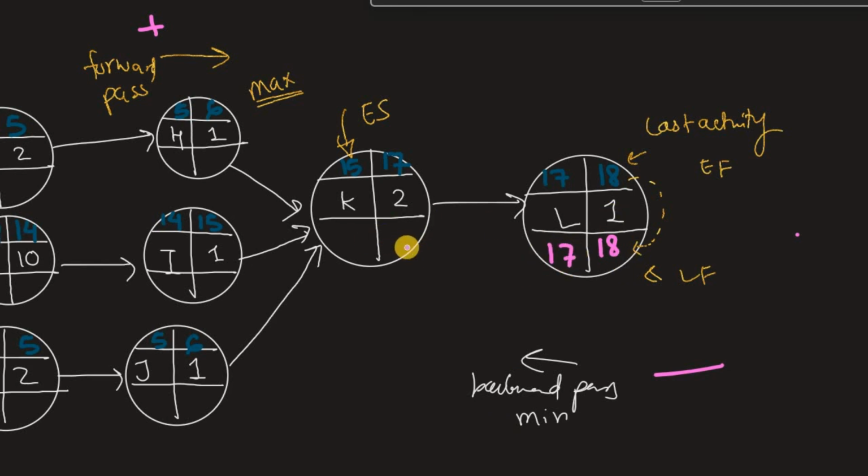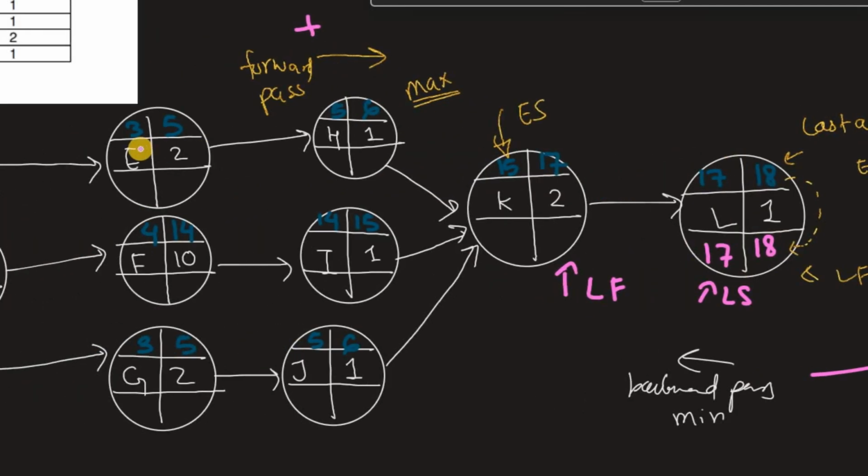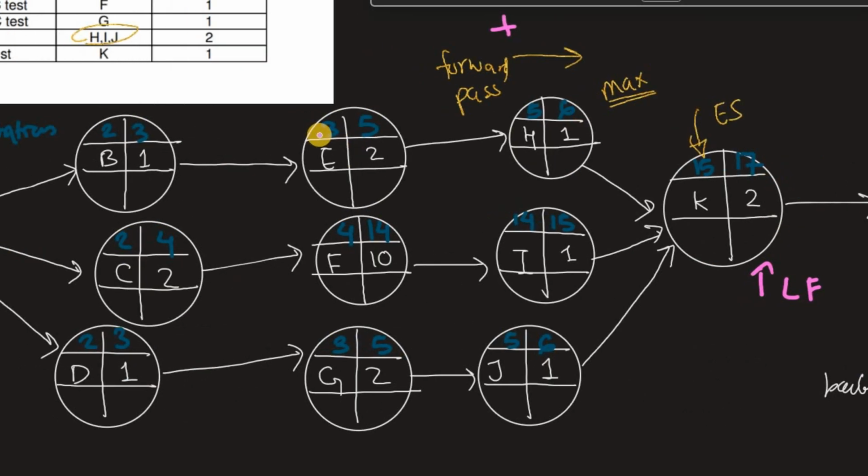Now the latest finish of this activity is going to be the latest start of the previous activity. Like in this case, the earliest start of this activity was the earliest finish of the previous one, right?